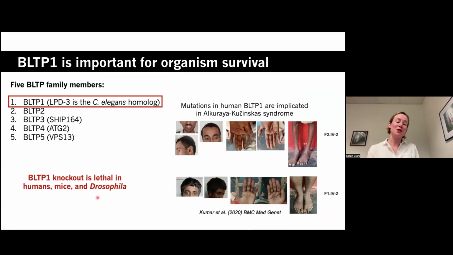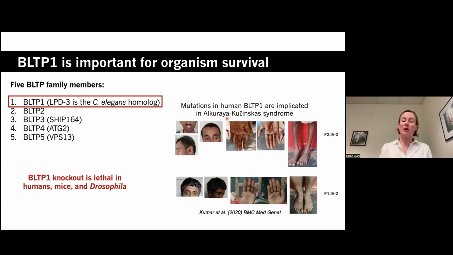And interestingly, though, if you knock out BLTP1 in C. elegans, the worms actually don't die, they just get very sick. But there are also mutations in BLTP1 that have been implicated in this neurodevelopmental disease called Alkuraya-Kučinskas syndrome.